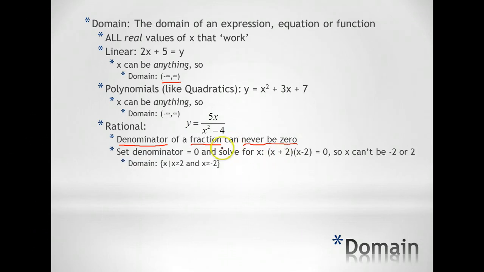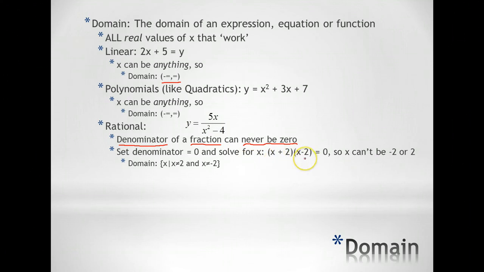So what I need to do is figure out what values of x will make the denominator 0. The easiest way to do that is set the denominator equal to 0, x squared minus 4 equals 0, and I can factor x squared minus 4 into x plus 2 and x minus 2, as you see here.